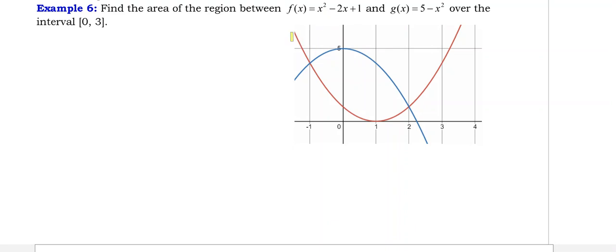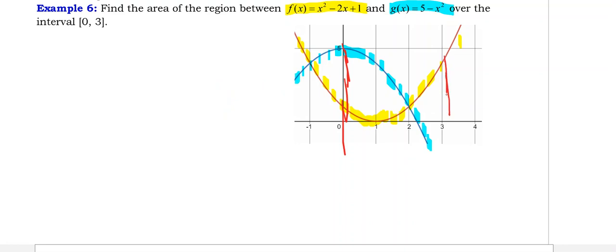So f of x is going to be the red curve. And then g of x is the downturning parabola. That's going to be this one. And so we're going from 0 to 3. So our boundaries are from 0 to 3.